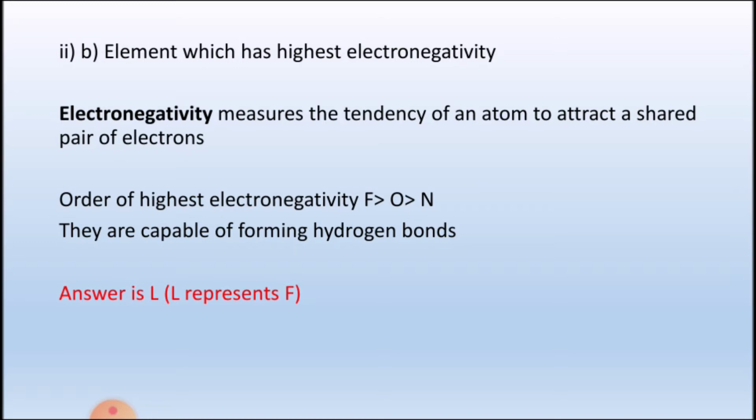Fluorine has the highest electronegativity, followed by oxygen, then nitrogen. Also, these three elements are capable of forming hydrogen bonds when joined with hydrogen. Therefore the answer for this is L, because L represents fluorine.